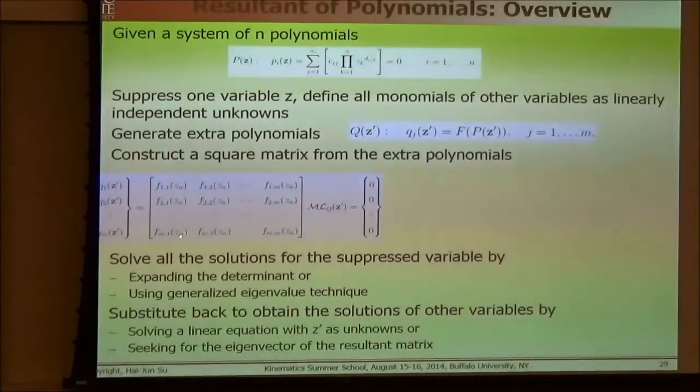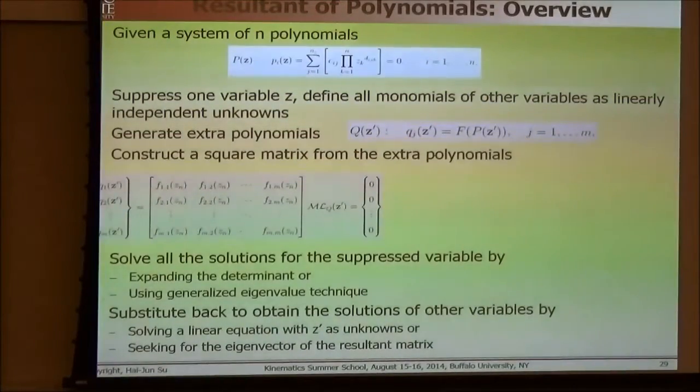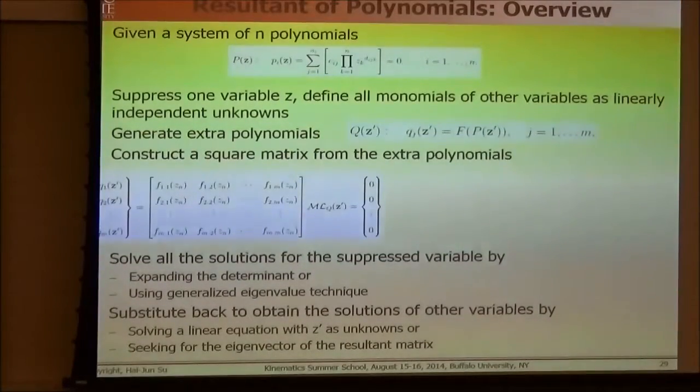If it's for a general value of Zn, it should not vanish. That's a way to check if your resultant matrix is valid or not.